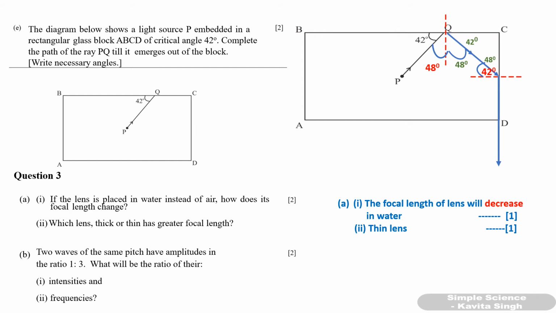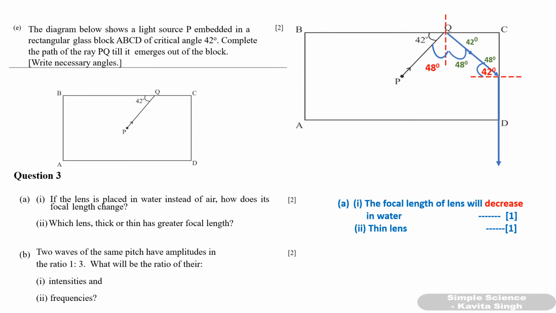Okay. Next question, 1 mark for each part. Question number B. Two waves of same pitch means they have same frequencies, have amplitude in ratio 1:3. What will be the ratio of their intensities and second frequencies?